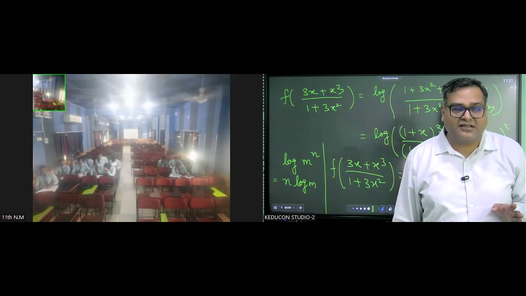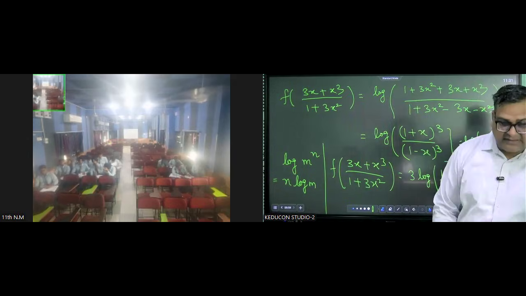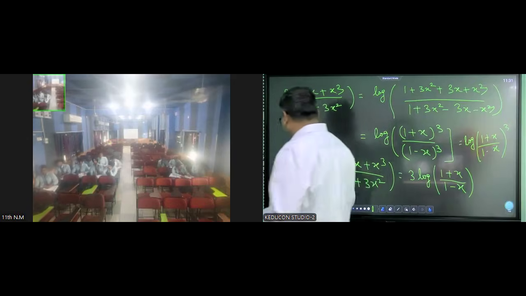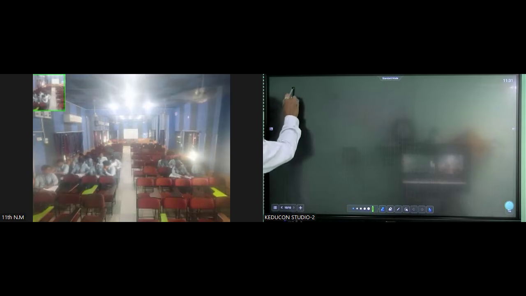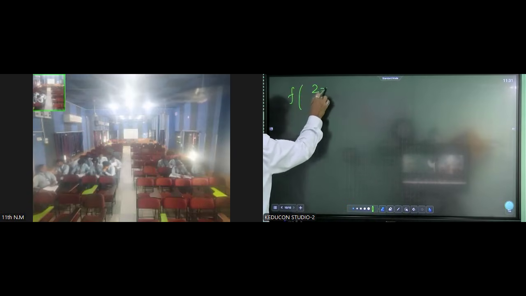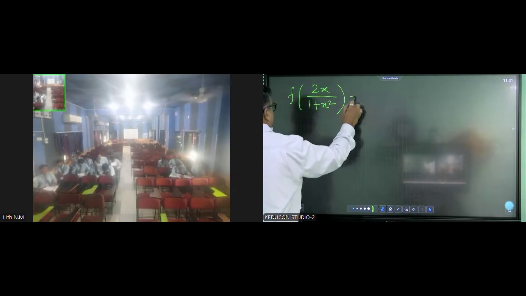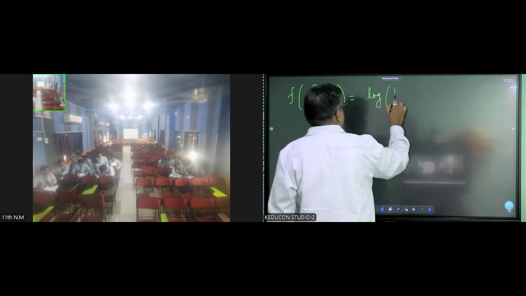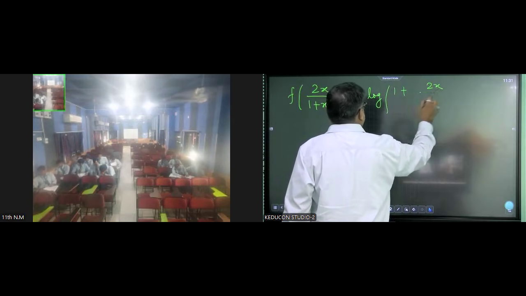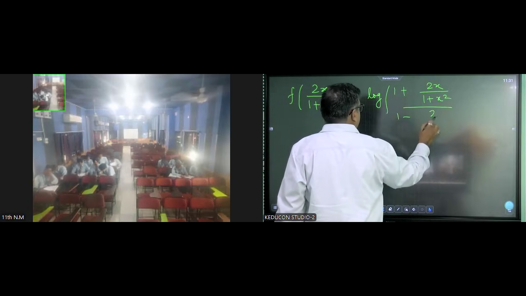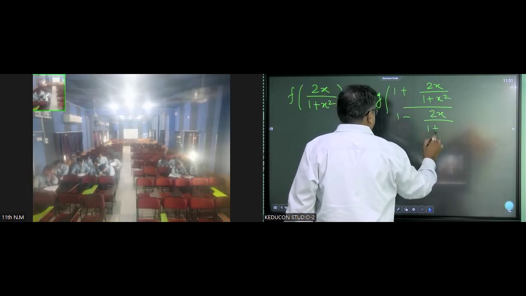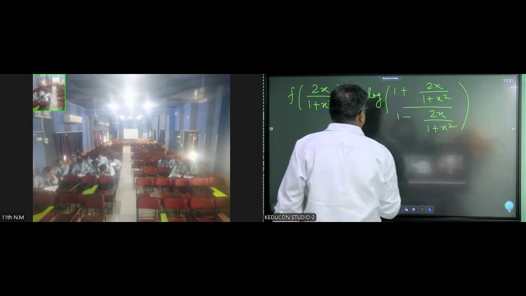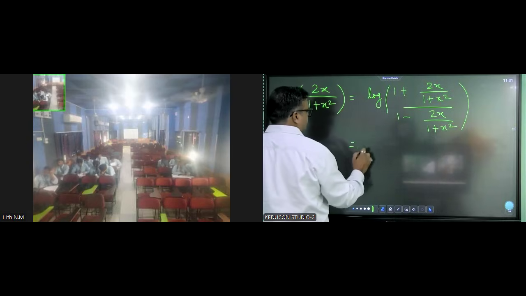चलो अब second part करते हैं अगर कोई doubt नहीं है बच्चों. Now second thing we have to find out f of 2x over 1 plus x square. So again replace x by this function on both sides. So what this becomes, students?